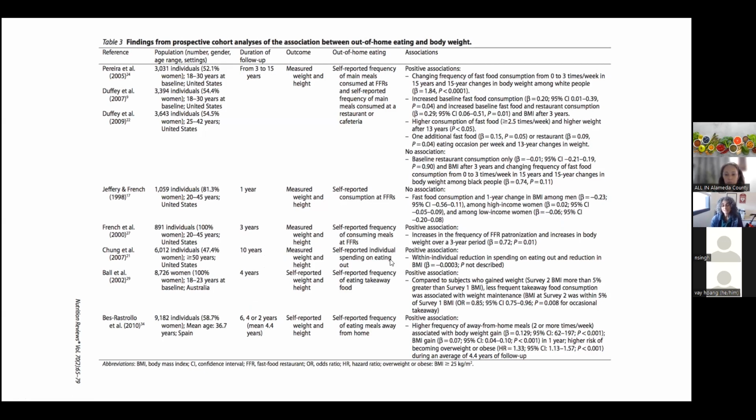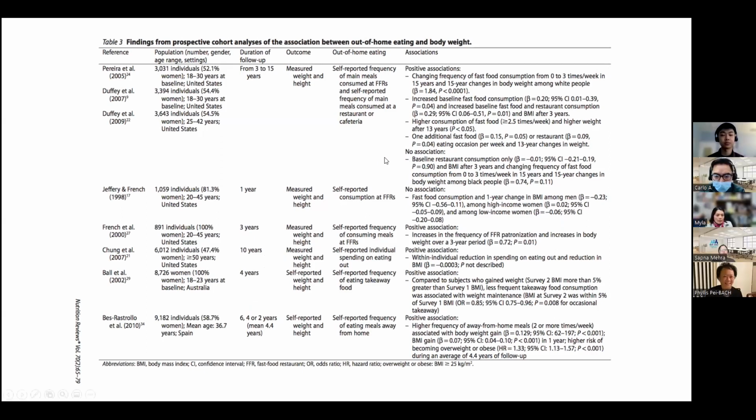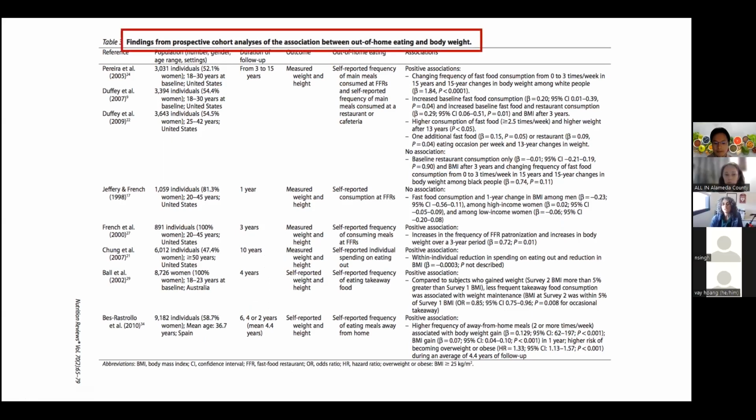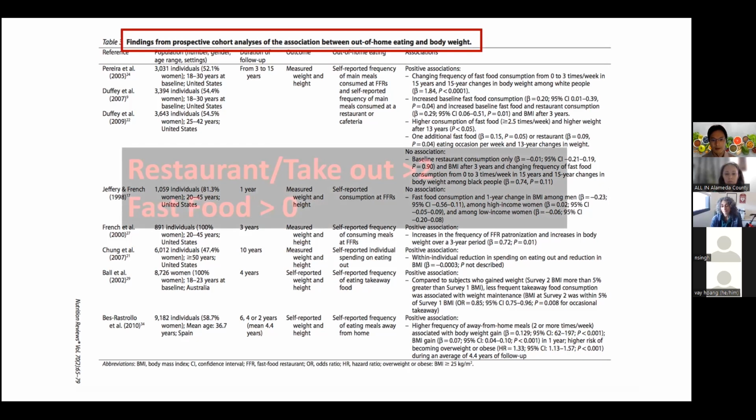But the truth is that meals out in general are a time when we have less control over ingredients and additives and portion size. A lot of the research shows that regardless of income or types of meals out, there is this negative correlation between well-being, body weight, and meals out.